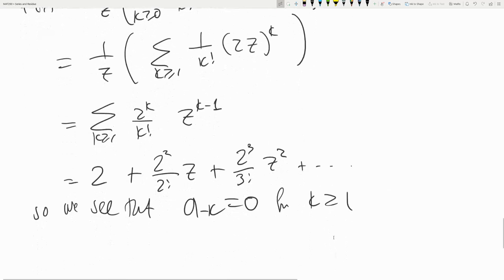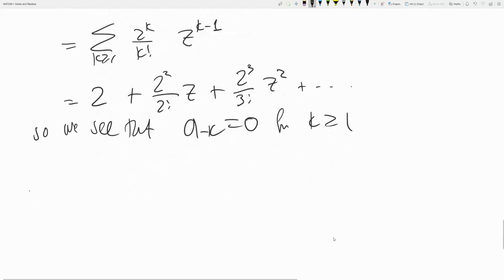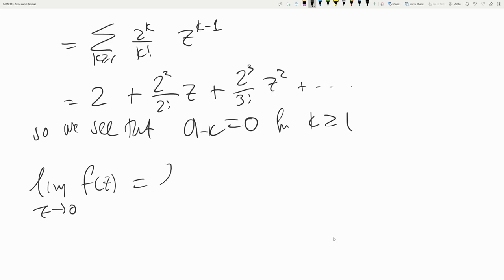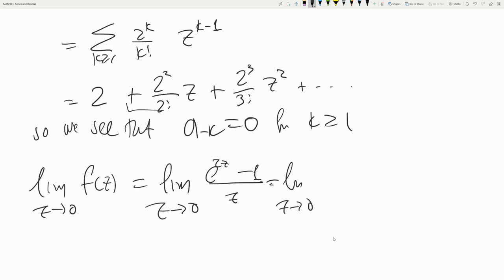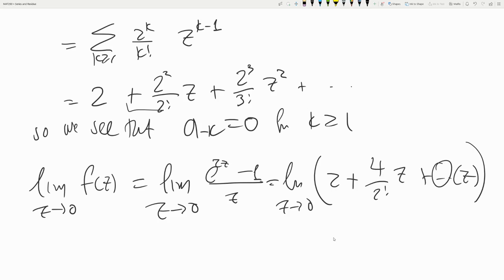So long story short, if you take the limit as z goes to 0 of this function f, e to the 2z minus 1 over z, what is it? We have 2, then 4 over 2z, and all these other guys, but they're all powers of z, so they're O of z squared.